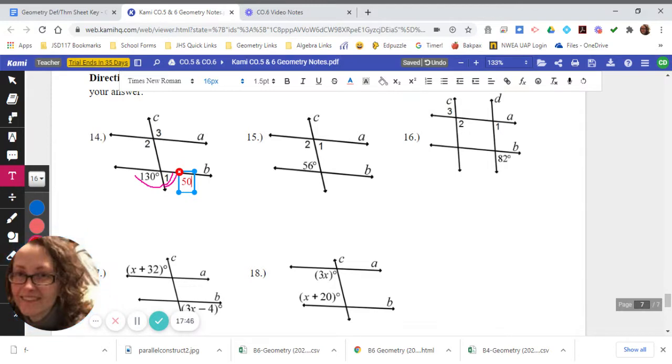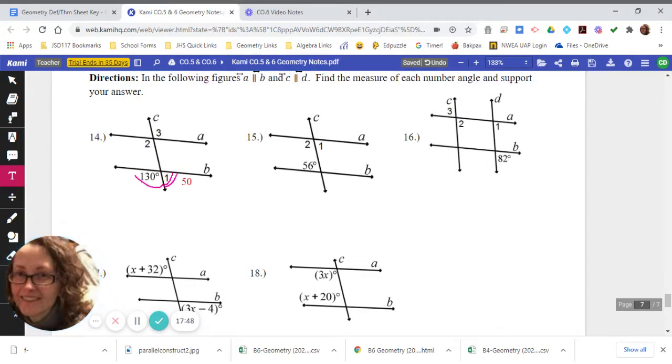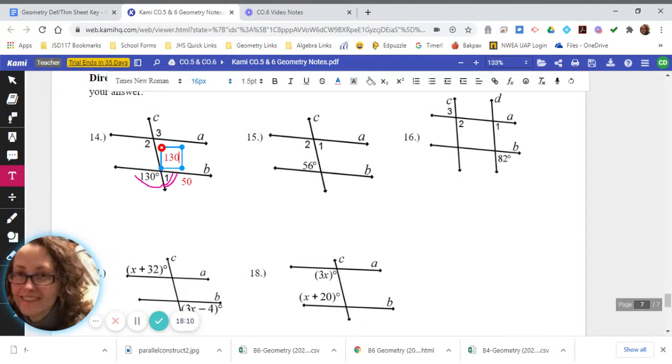Now, here's the trick that I use for these. I try to find my pattern and see where all of my 130 degree angles are and all of my 50 degree angles. Once I figure out where one is, then I should be able to jump around and see all of my 130 degree angles are going to be in this diagonal.